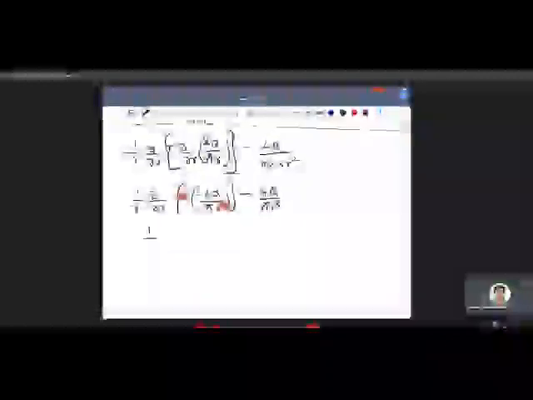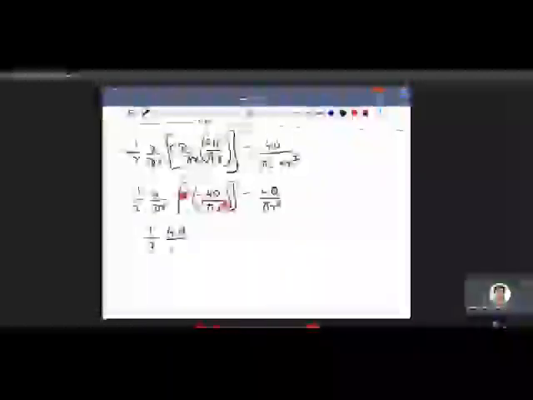And you'll get this as 1 by r times 4q by pi r square minus 4q by pi r cube. And this will in fact yield 0 as the answer here.